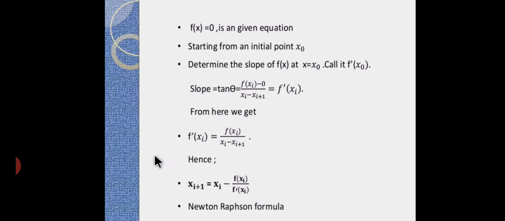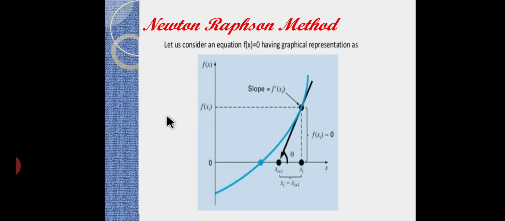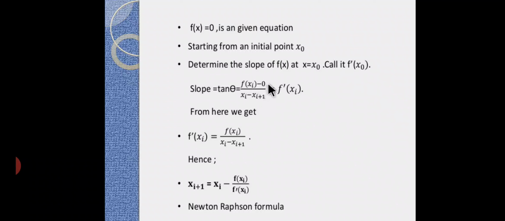Here the tangent line intersects the x-axis, which means y is equal to 0. We substitute y is equal to 0. We get the equation f dash of xi is equal to f of xi by xi minus xi plus 1. Hence xi plus 1 is equal to xi minus f of xi by f dash of xi.